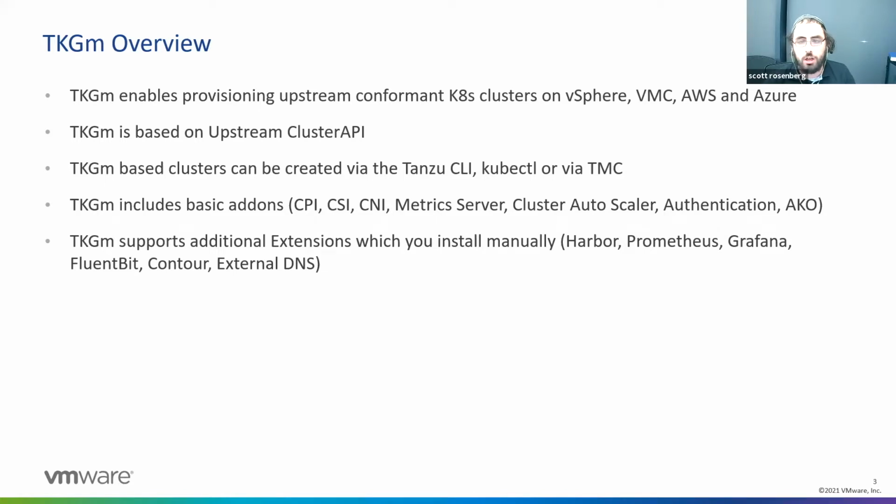Now, what TKGm offers us beyond just standard Kubernetes splits into two parts. TKGm includes what they call basic add-ons. These are things that without them, our cluster isn't really going to work.